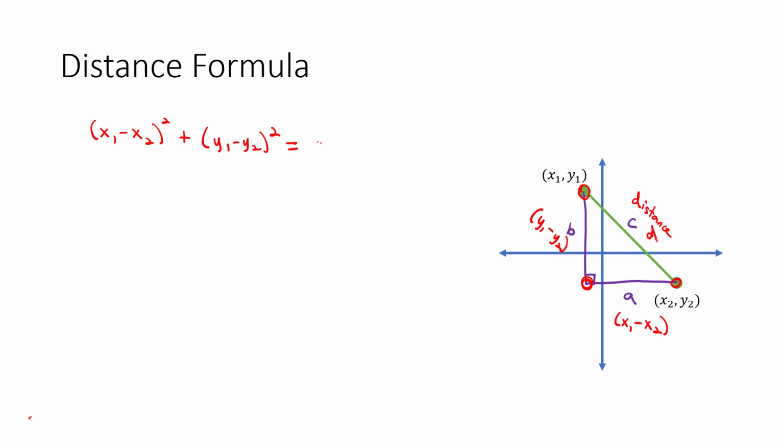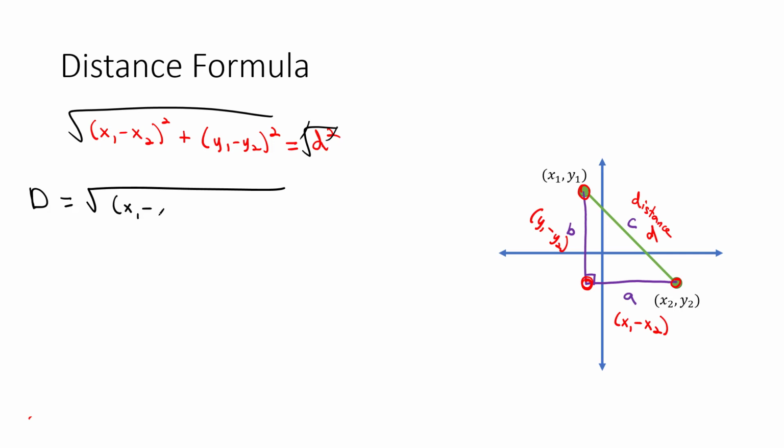So we're going to use d for distance, d squared. And normally we don't like to have a squared in our formula for distance, so we're actually going to take the square root of both sides to get our actual distance formula. So the distance of any line is the square root of x1 minus x2 squared plus y1 minus y2 squared.